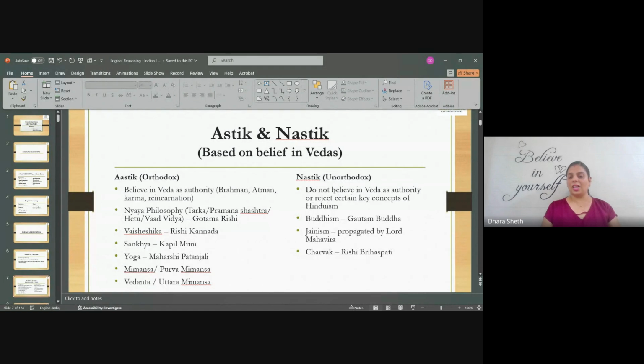The Nastic or the unorthodox schools of thought: Buddhism by Gautam Buddha, and Jainism, which was not developed by Lord Mahavir but propagated by him. He was the last, the 24th Tirthankar of Jainism. Charvak is another unorthodox philosophy developed by Rishi Brihaspati, but it was developed parallel to the Vedic philosophies, back in olden times.